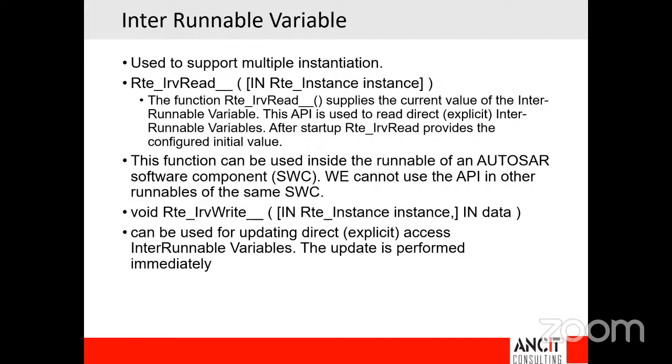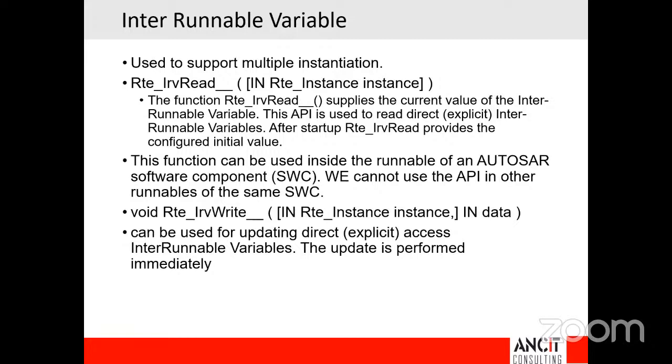Like that, there are different kinds of APIs and access points provided by the RTE for different applications. Similarly, you have APIs for client call, function call. You won't have access points for function definition, because function definition and function prototype will be in the same format. But you'll have a function call for that.